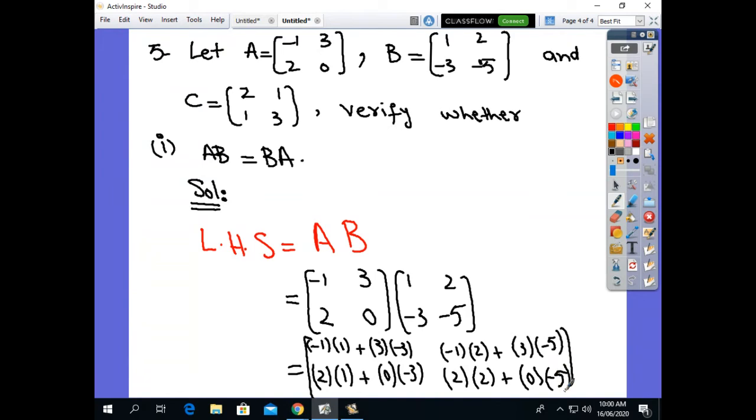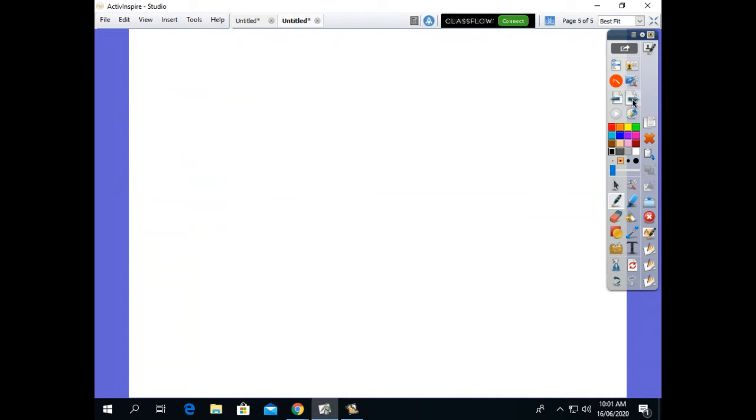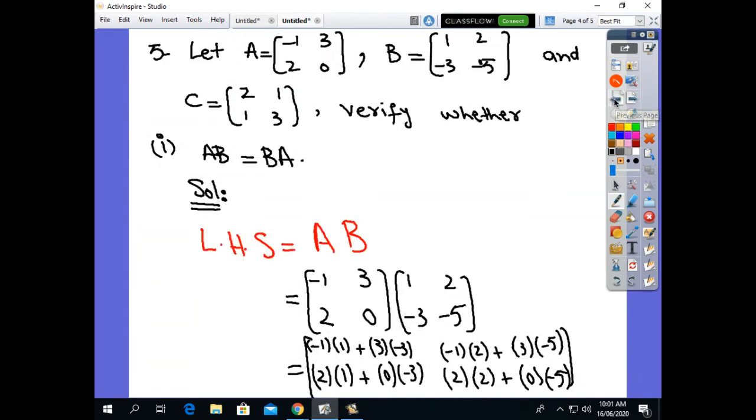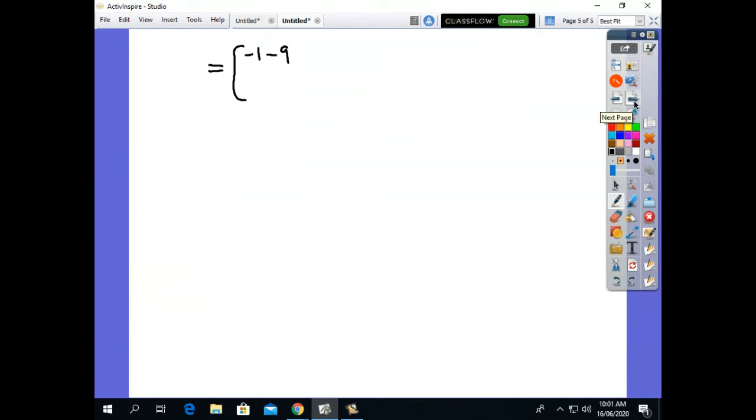Now simplify it. It becomes -1, -9. The second one is -2, -15.